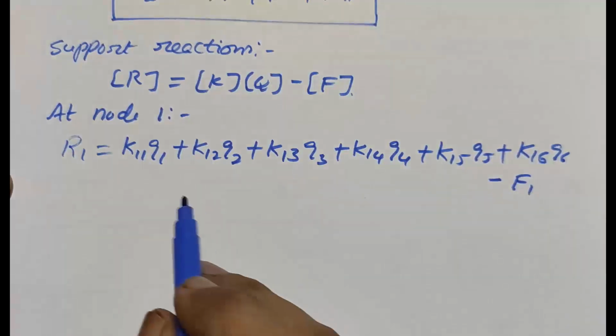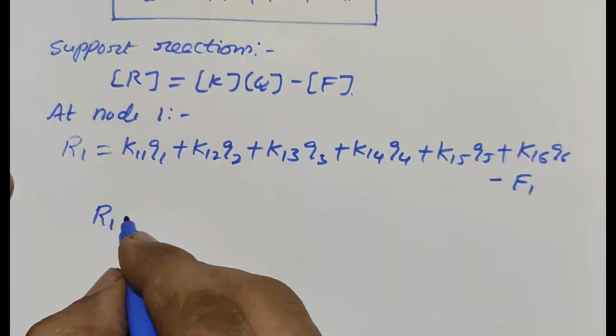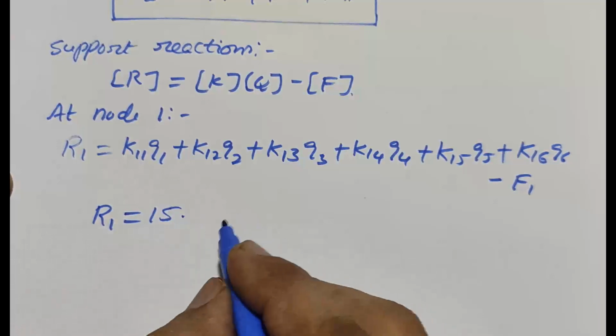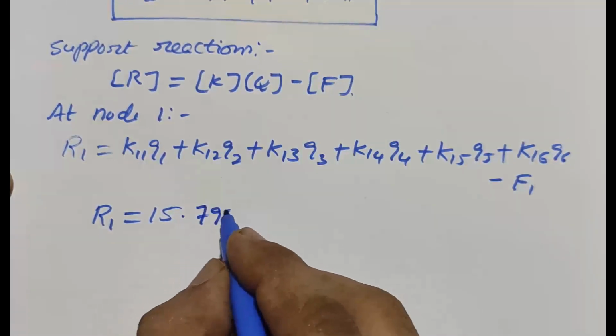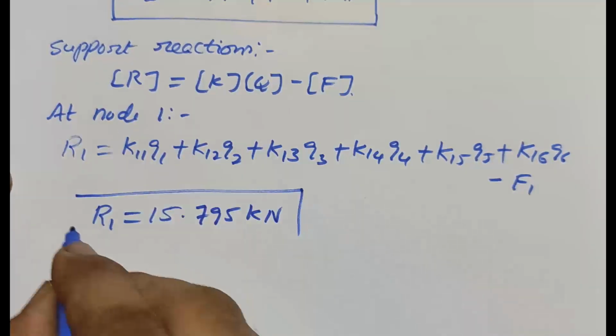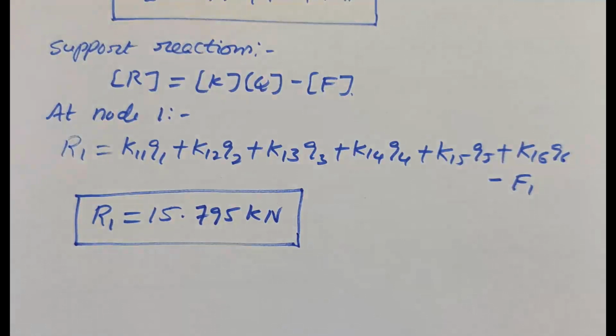So if you substitute all the values and simplify, you will get R1 is equal to 15.795 kilonewton. This is R1. Support reaction at node number 1 in X direction.